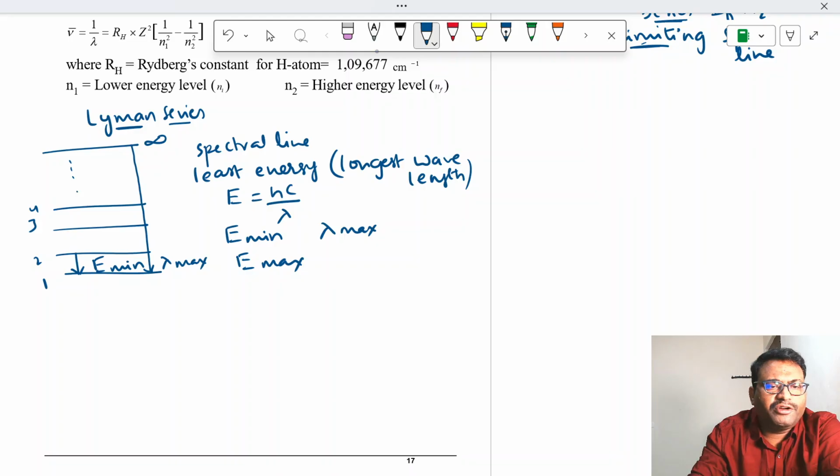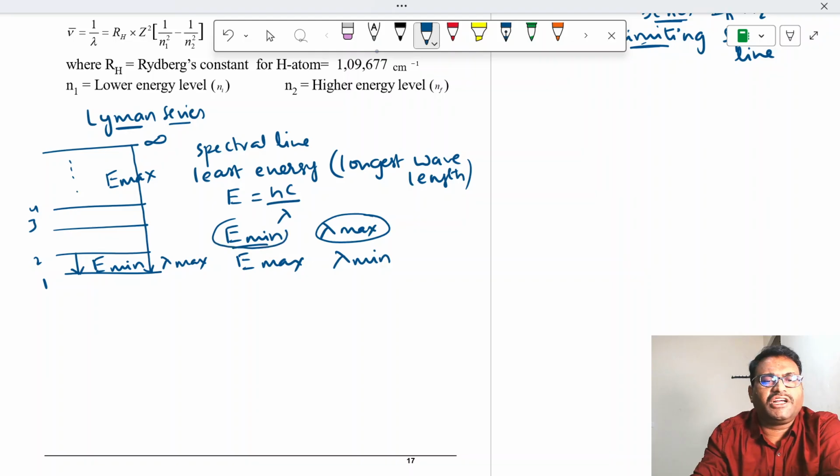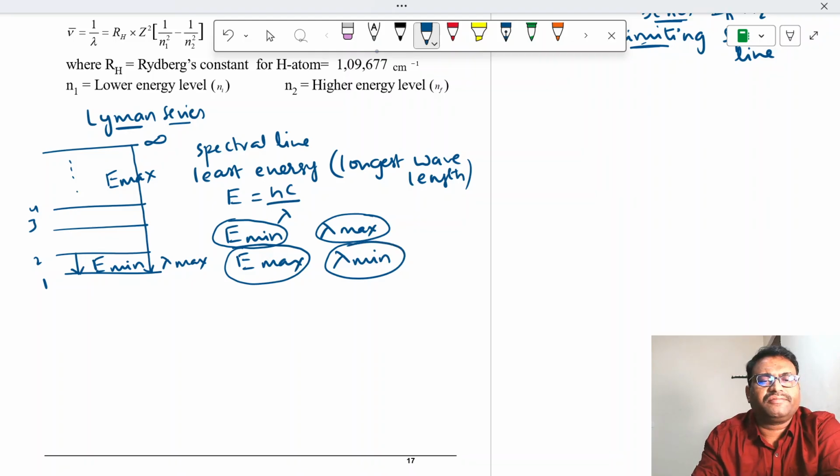So infinity to 1 will be E maximum and wavelength will be minimum. So you will be asked the spectral line of least energy and maximum wavelength, or a spectral line having maximum energy and least wavelength.